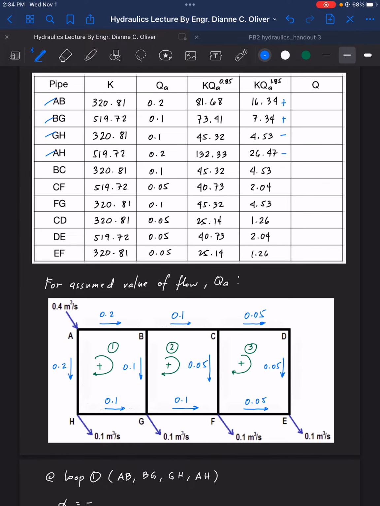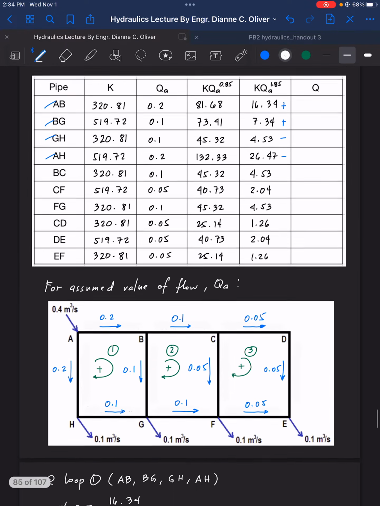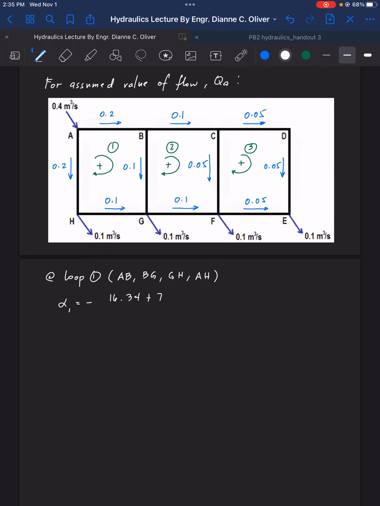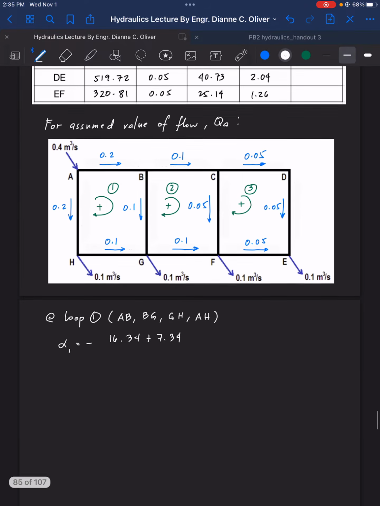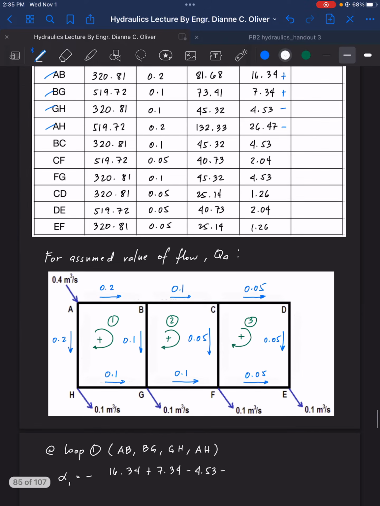So we get the summation of positive 16.34 plus 7.34, minus 4.53, minus 26.47.